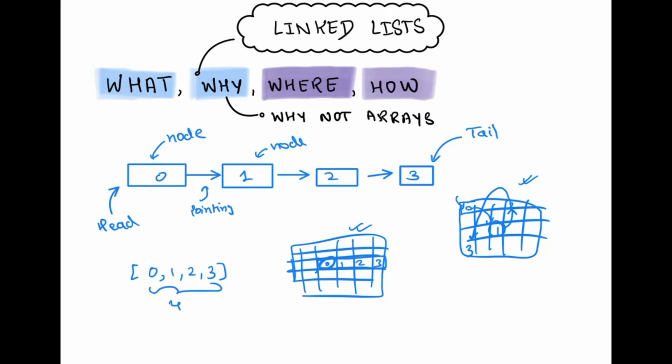Now, another amazing thing about arrays and linked lists is, since arrays are in a very linear fashion, what happens when you pop from the array? Let's say I want to pop this element out of the array. What will happen is one will not just be popped out of the array, but two will take the place of one and three will take the place of two. What I am saying is on the memory grid, when you pop out this one, there is a vacancy in this space.